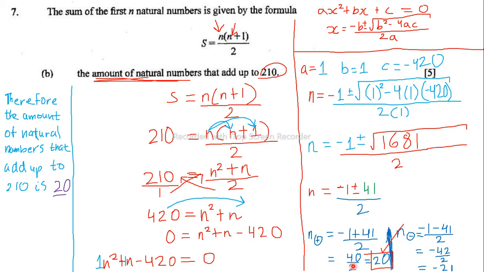But at the end of the day, you still have to come down to this equation, n squared plus n minus 420 equals 0. You cannot avoid that. But you can factorize it, and when you factorize it, you'll get the answer.